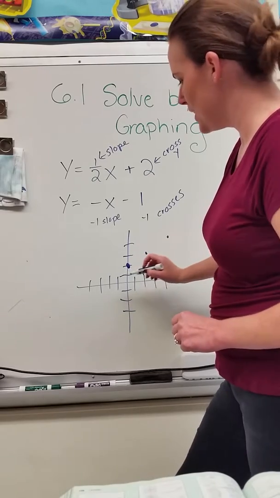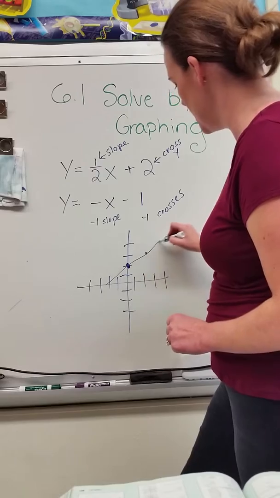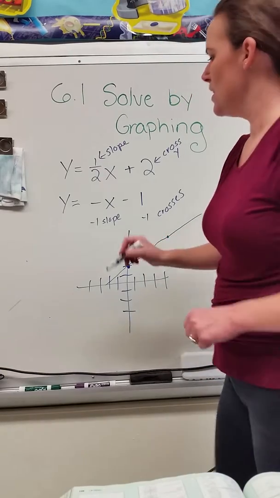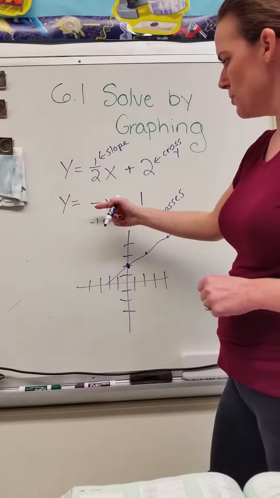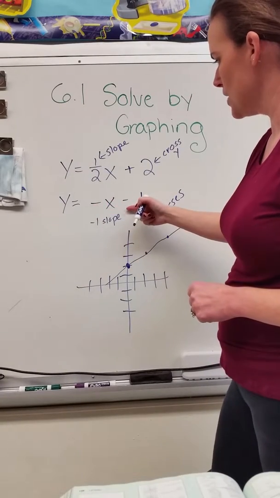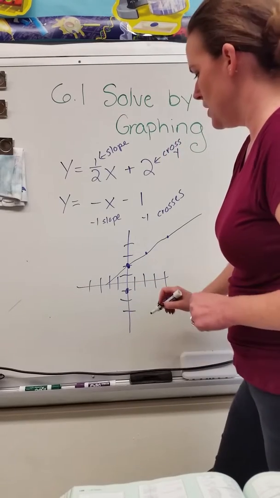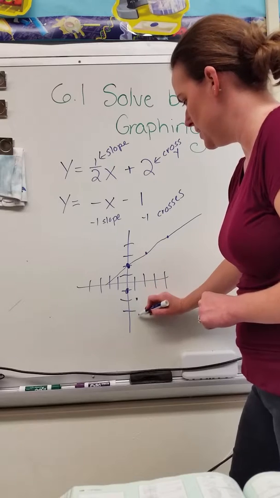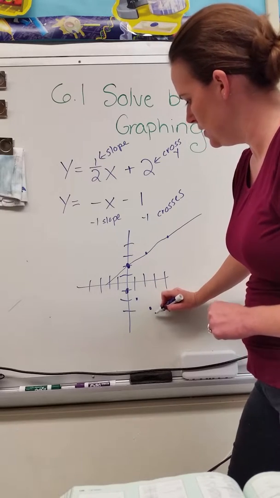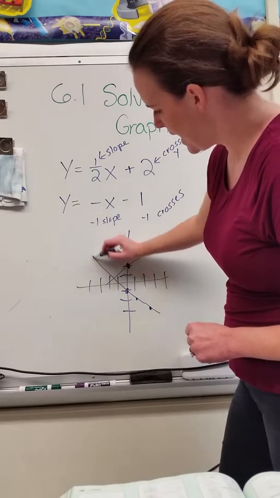And you really have to do this with a ruler so you can nicely make a line. Then here's my other equation where my slope is negative 1, it's crossing at negative 1. So there's my negative 1, and my slope is going to be down 1 over 1, down 1 over 1. And then I would attempt to draw that line.